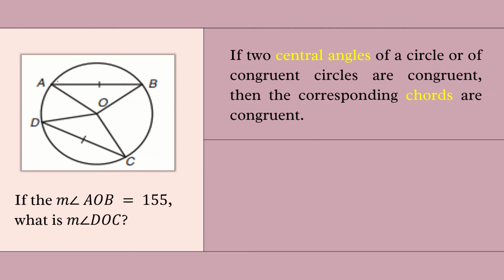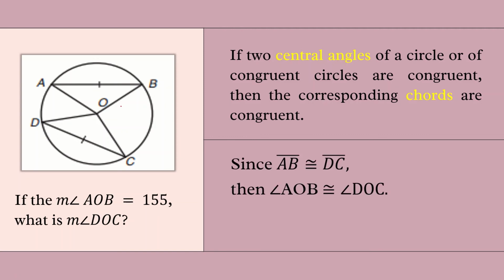So, dito if you're going to analyze this illustration, makikita sa mark na ang segment AB is congruent to segment DC. So, the angles subtended by these chords are also congruent.